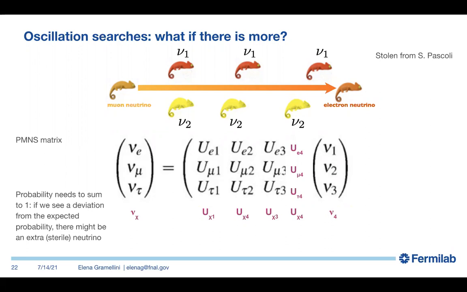So if you're predicting a certain amount of nu e's at a certain baseline, and you find more of your nu e's, then what could have happened is that your assessment of the probability was not correct because you were not accounting for a fourth state.